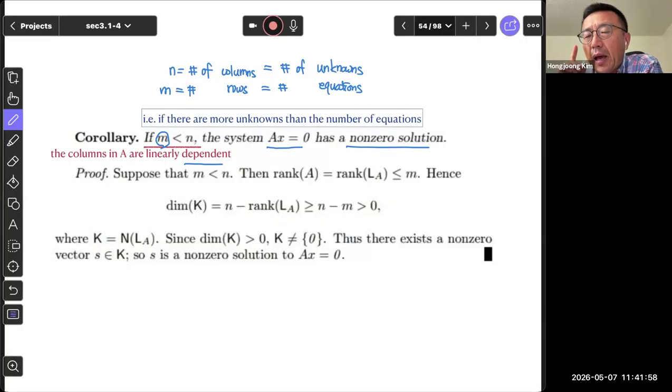Now, as I said, Ax equals 0 always has a zero solution, but if it has an additional non-zero solution, then that means Ax equals 0 has many solutions.